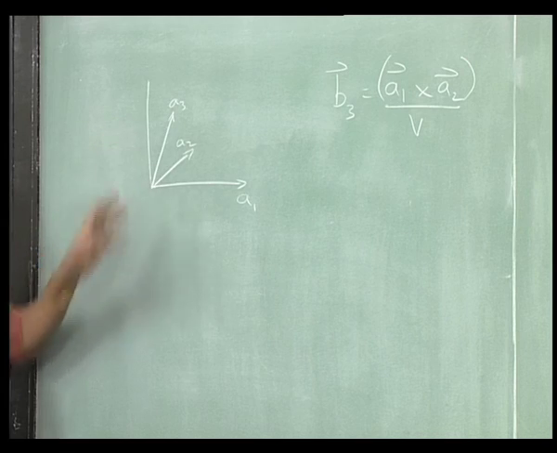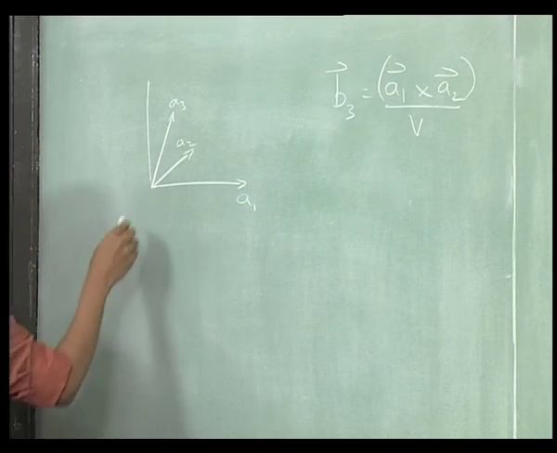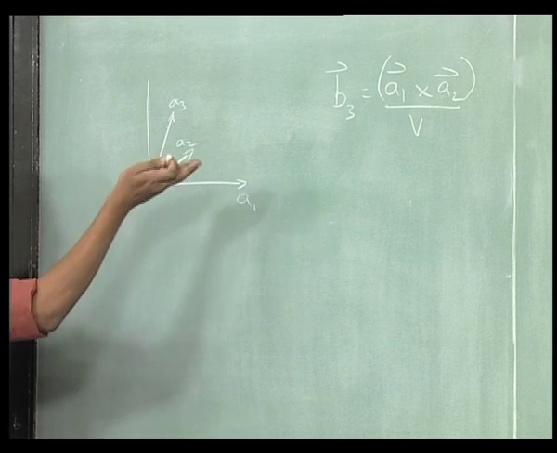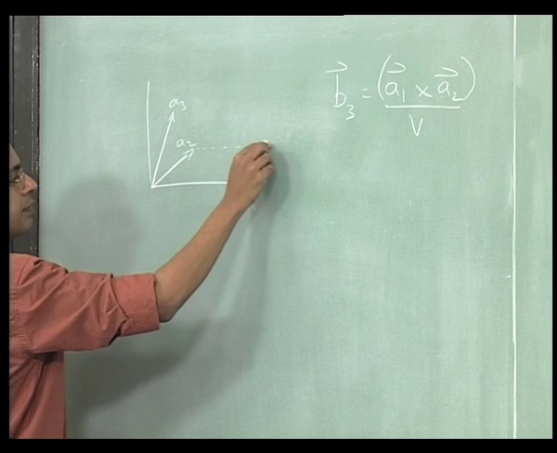But what about its actual magnitude? By the standard definition, A1 cross A2 is the area of this parallelogram.